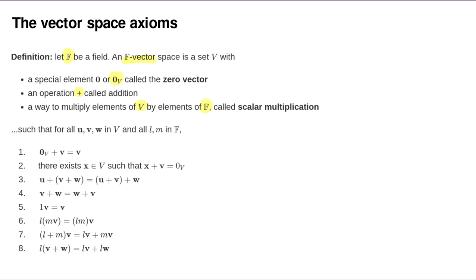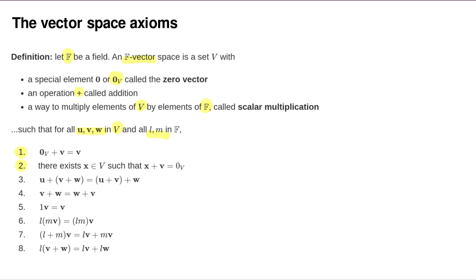having the following properties. So for every three elements u, v and w in the vector space V, and for every two elements L and M in the field F, the following 8 rules have to hold. So first of all, the zero element is an additive identity. That's rule number 1 here. That means that if you add the zero vector to any vector v, you get the vector v again.